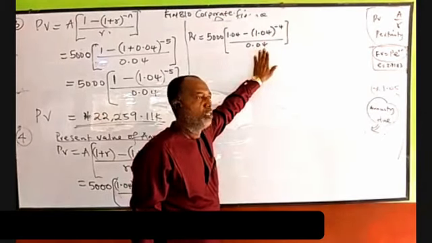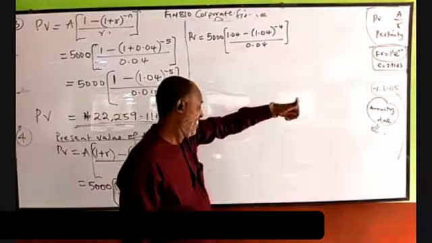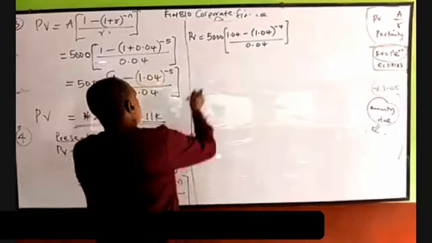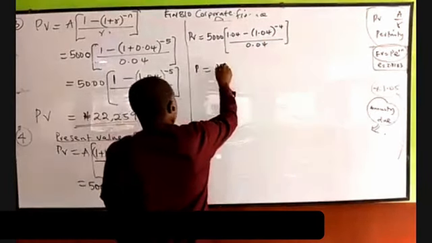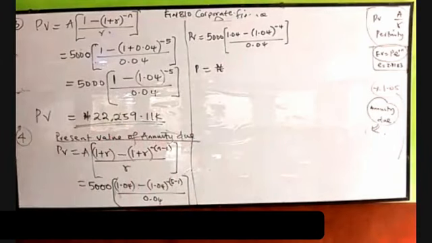Is that okay? You have this, and multiply by 5,000. I believe our result will come out. What do we have?